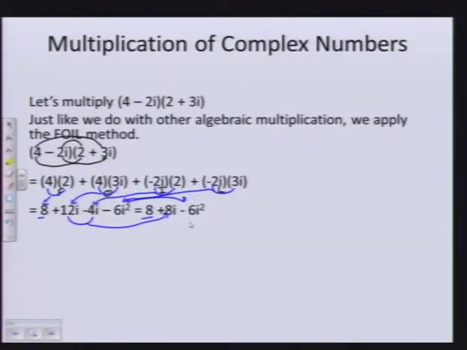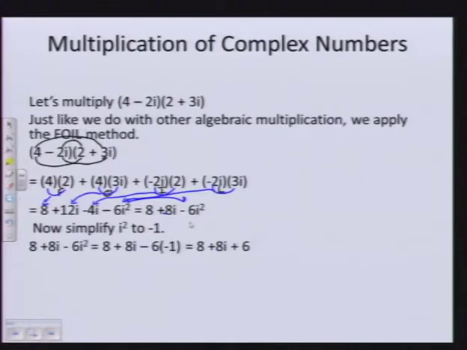But we're not done here because we have the i squared in there. Once again, we've got to simplify the i squared to be equal to negative 1. So we take the 8 plus 8i minus 6i squared, and we convert the i squared to negative 1, with everything else staying the same.